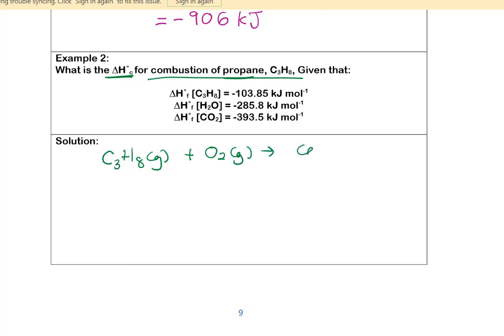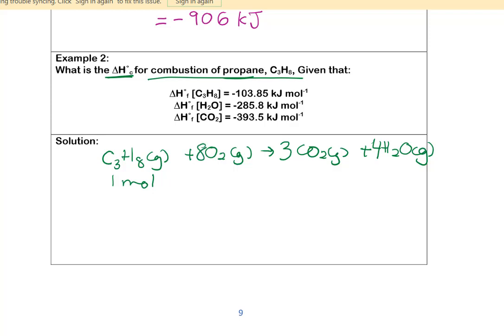It will produce carbon dioxide and also water. According to the definition, combustion is referring to 1 mole of propane, so this one must be 1 mole. So we balance the equation: 3 here, 4 here, so 8.